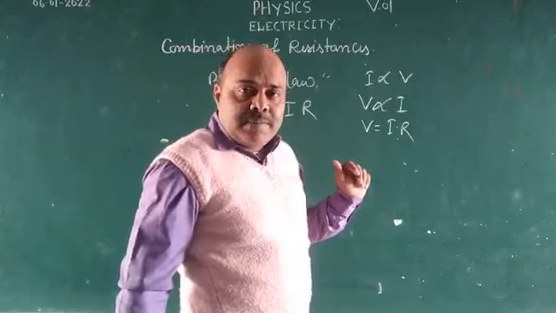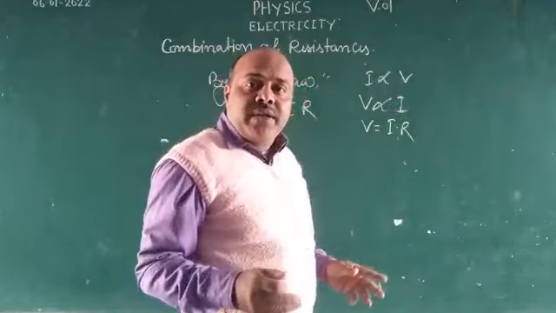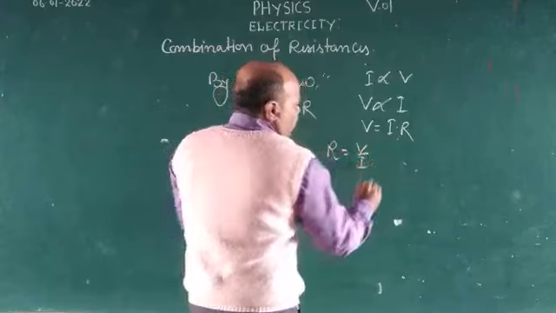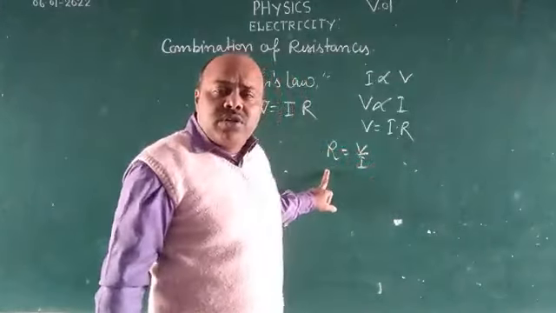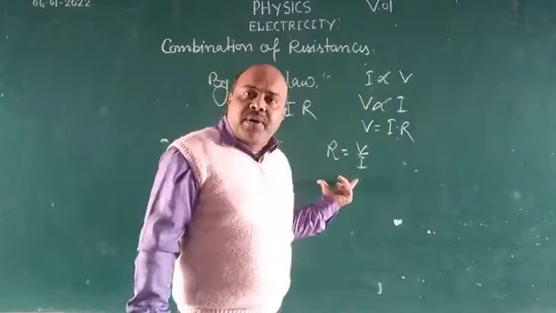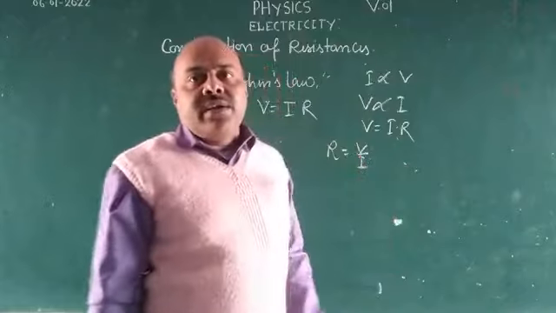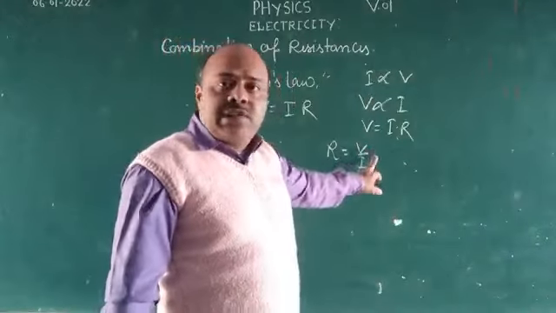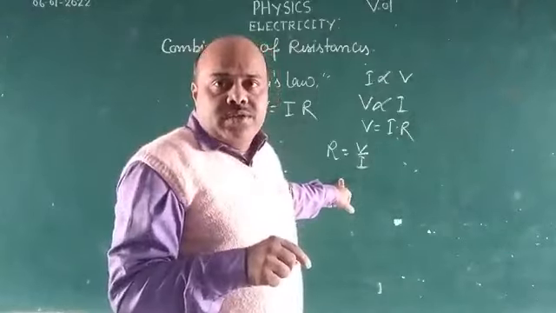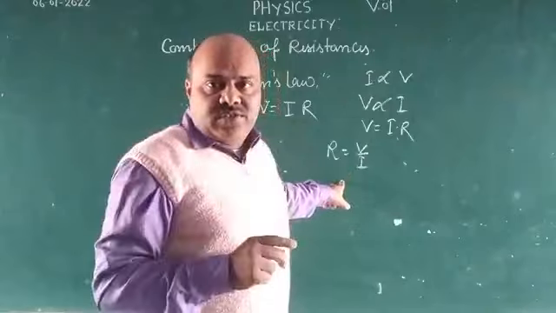We can define by Ohm's law R is equal to V upon I. The ratio of potential and current is called resistance. So resistance is the electrical property which opposes the flow of charge, or we can define it by the ratio of potential and current. If the ratio of potential and current is constant, then we can verify Ohm's law. So here we find the proportionality constant, which is known as resistance.